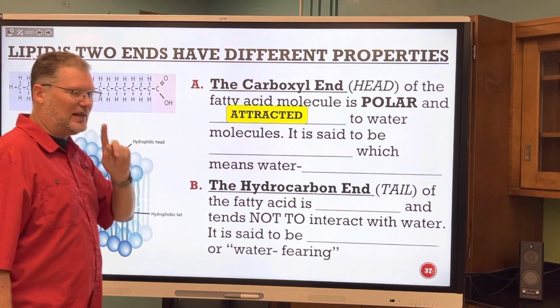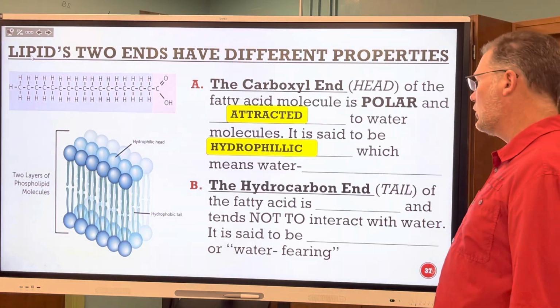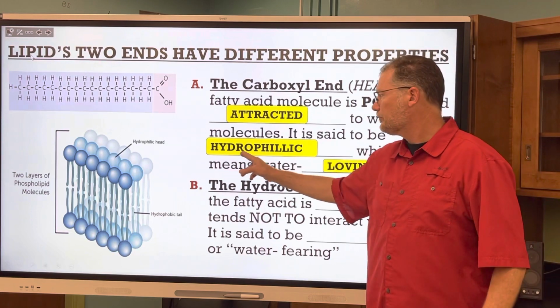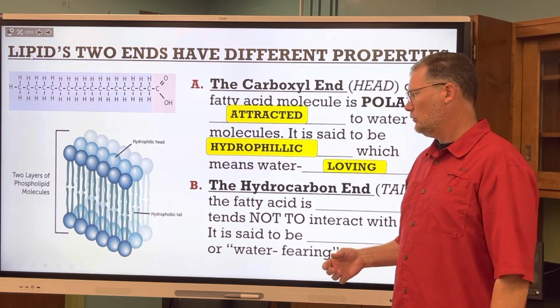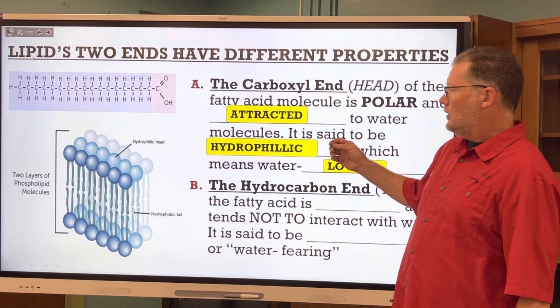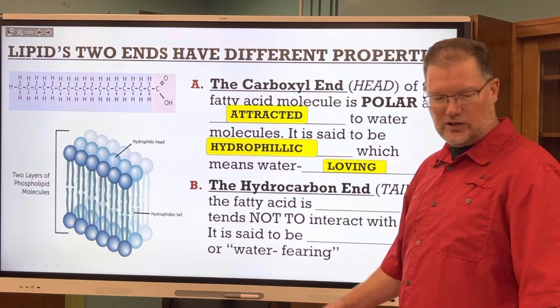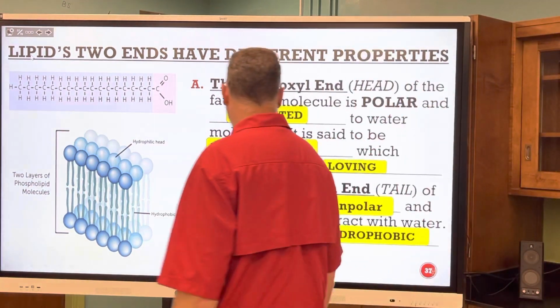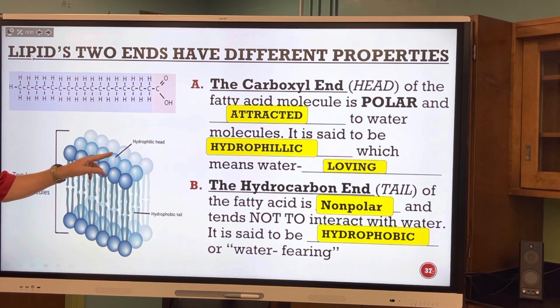It is, and it's said to be hydrophilic, water loving. Hydrophilic means water loving, from the Greek, okay? So if one side is hydrophilic, the other side is going to be hydrophobic, the nonpolar side, the tail end. So these tails are hydrophobic and these heads are hydrophilic.